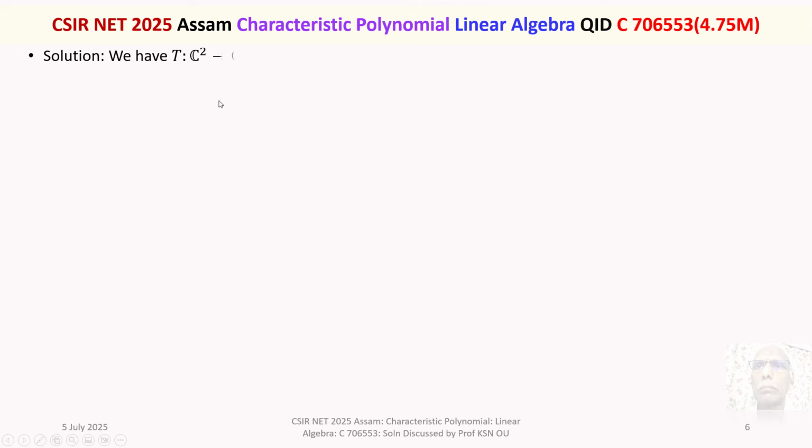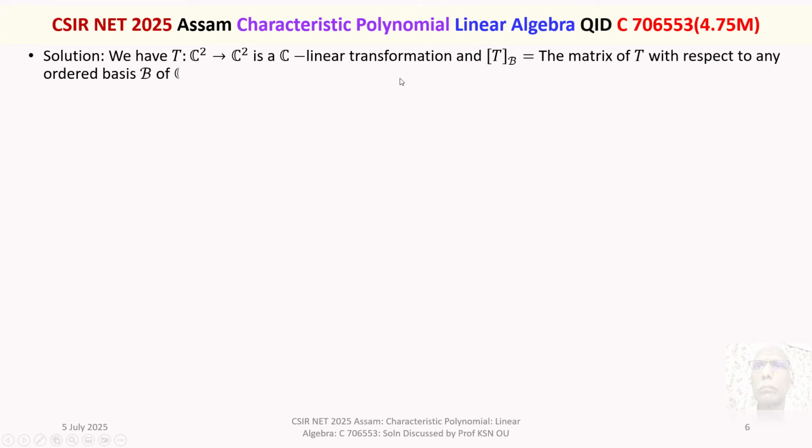Let's now discuss the solution of the problem in detail. We have a C linear transformation T from C square to C square, and bracket T suffix B denotes the matrix of T with respect to any ordered basis B of C square.